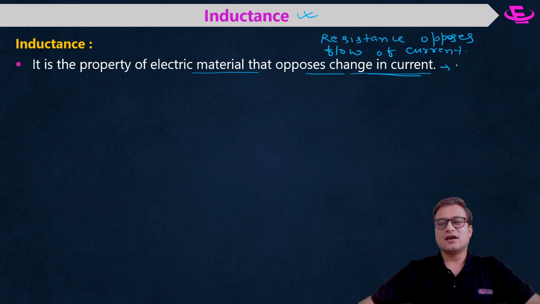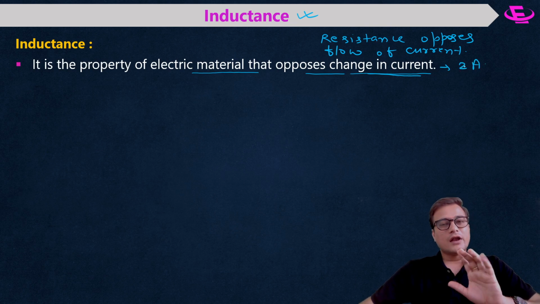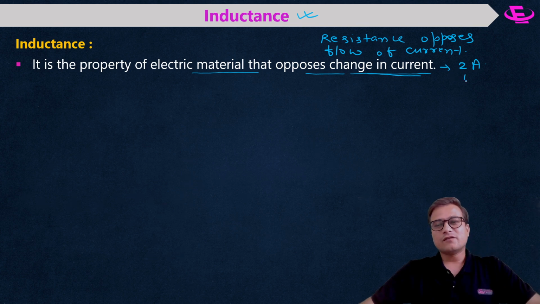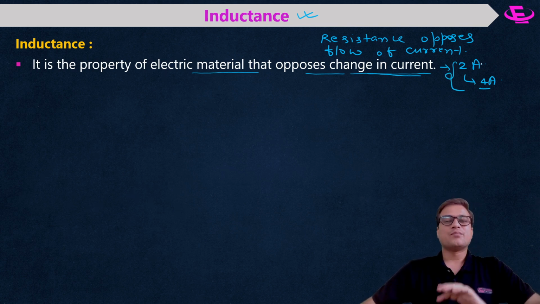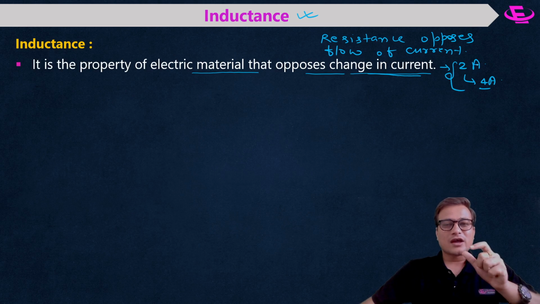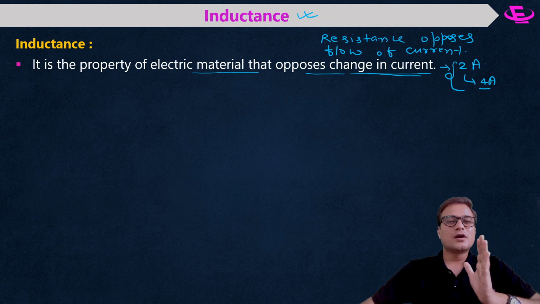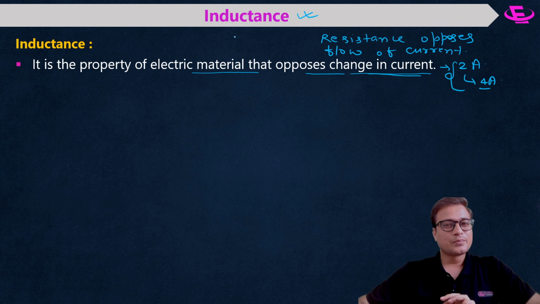What is change in current? Suppose the current through a material was 2 ampere. Now with some arrangement in the circuit, if you try to change the current to 4 ampere, the inductor will oppose this change, and it will take some time for the current to go from 2 ampere to 4 ampere. Clear? If there is simply resistance, resistance is a very innocent child.